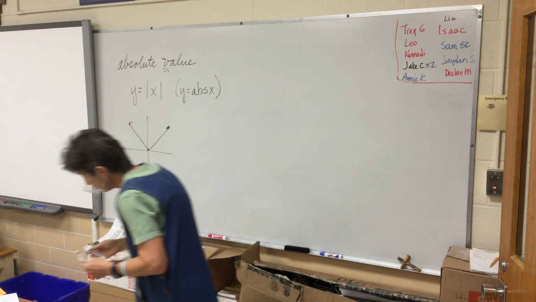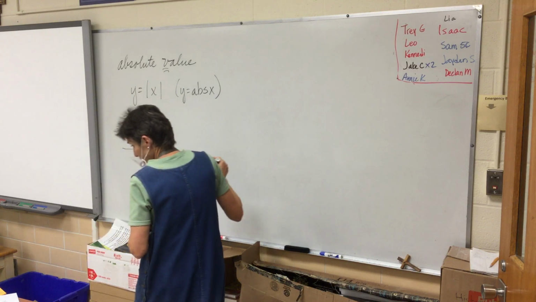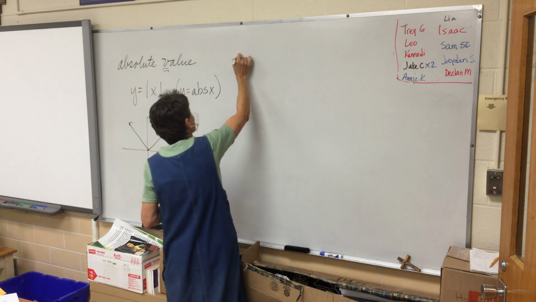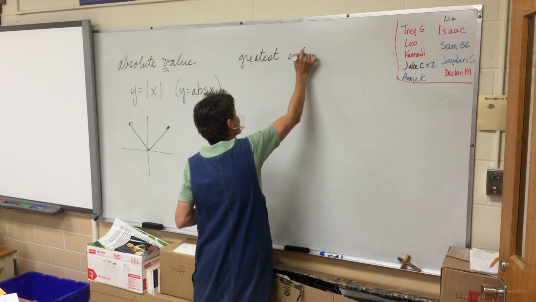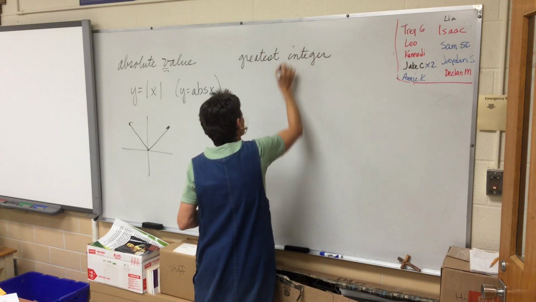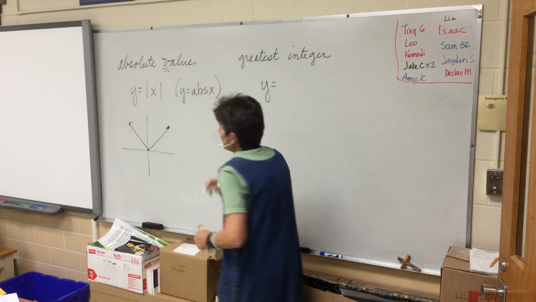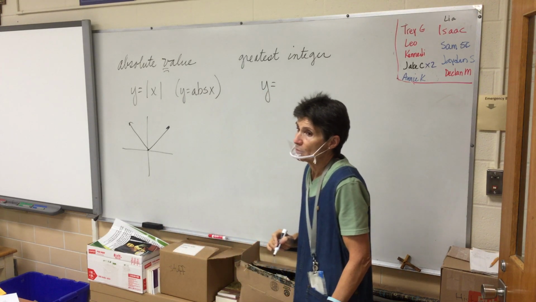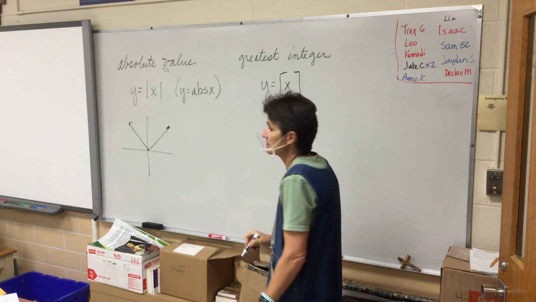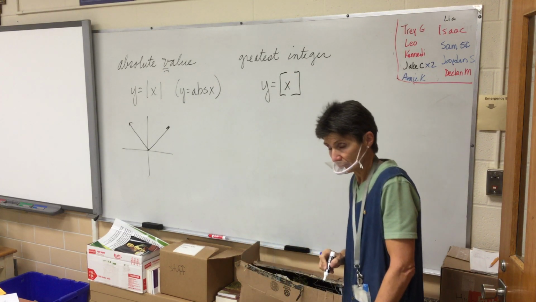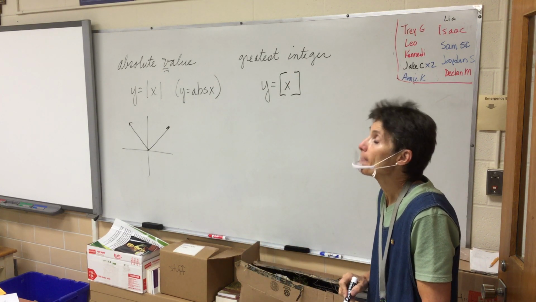Alright, and then we have greatest integer and logistic. There are lots of different notations for greatest integer, so we will use what your book uses. We'll use this. Yep.